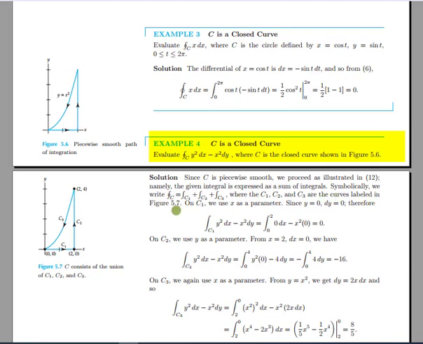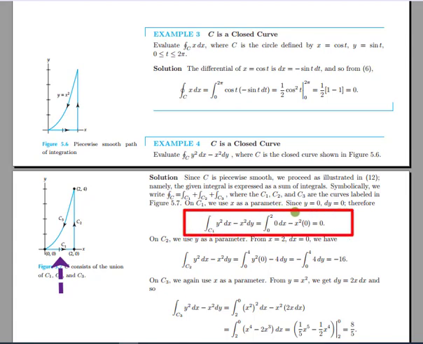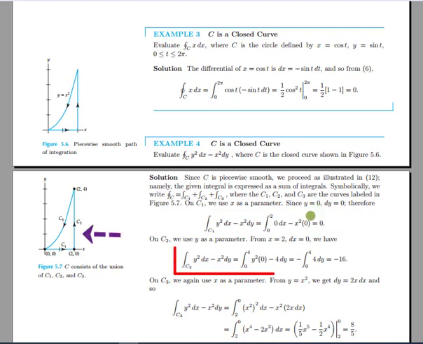On C1 we use x as the parameter. Since y is equal to 0, dy is equal to 0. You can see here that C1 starts from (0, 0) and ends at (2, 0), and here x is variable and y is 0. So we use x as a parameter and y as 0.